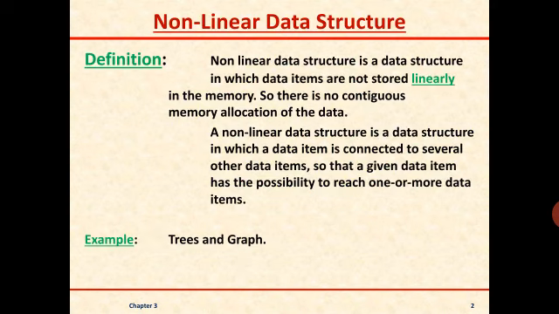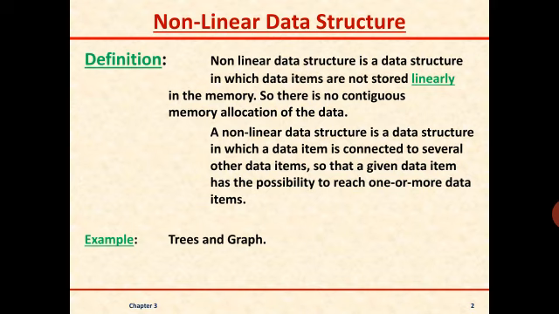First, let us know what a non-linear data structure is. A non-linear data structure is a data structure in which data items are not stored linearly in the memory. Means data items are not stored continuously, they are stored randomly. So there is no continuous memory allocation of the data.